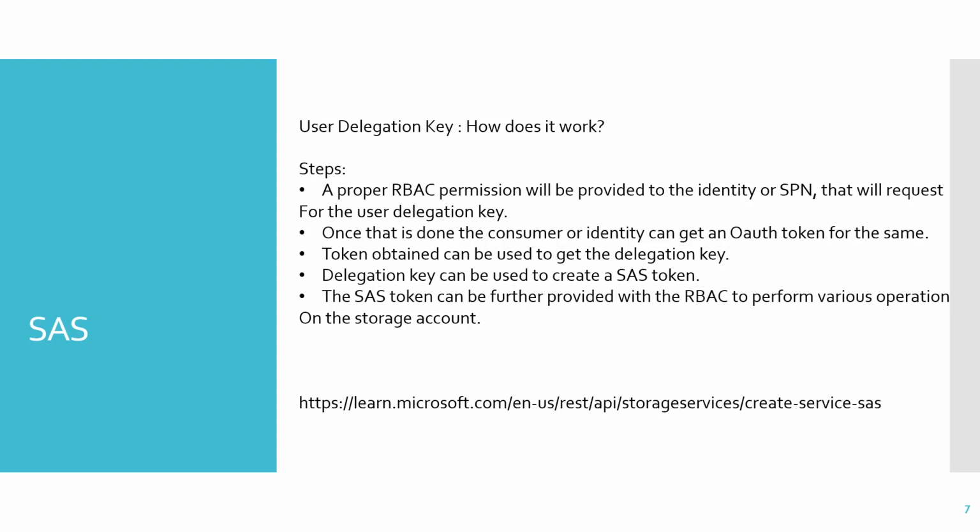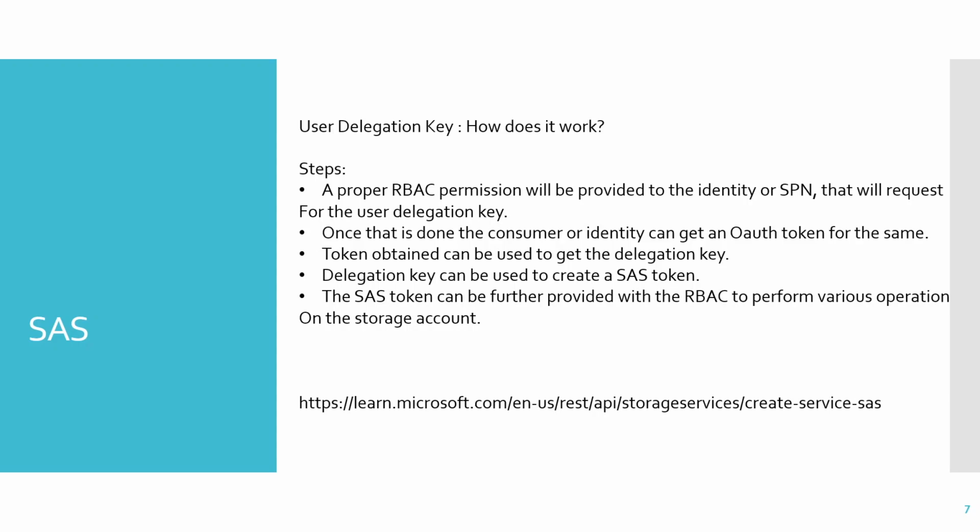To have a delegation key, you need an identity, and that gets provided by Azure Active Directory. Before you start connecting to Azure Active Directory for that specific purpose, you need an RBAC permission on the consumer side, and once that is done, the consumer or identity can get an OAuth token from Azure Active Directory.